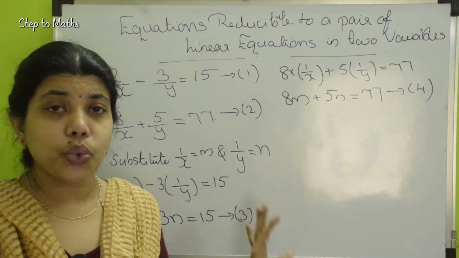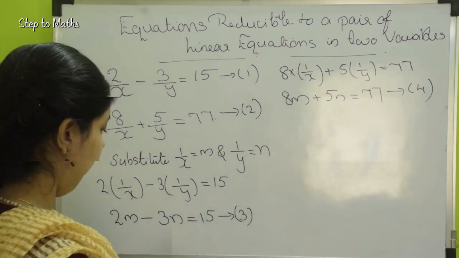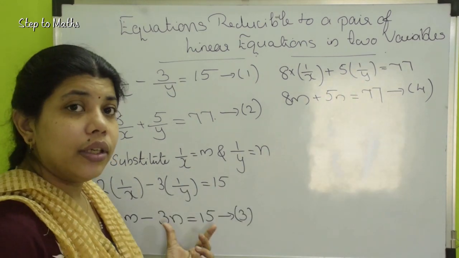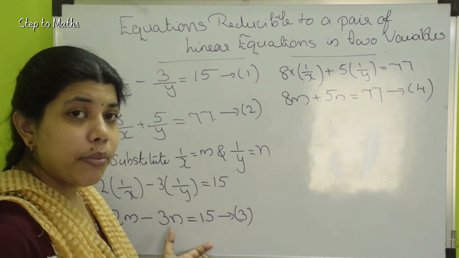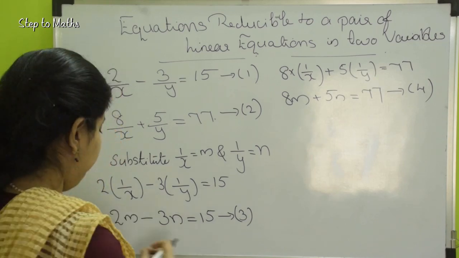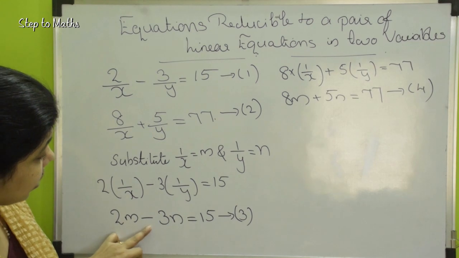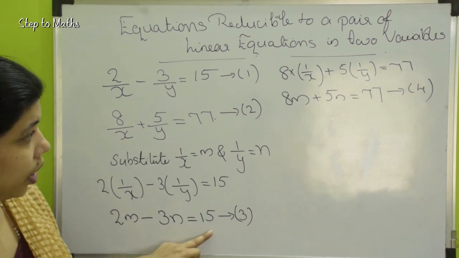Now we get the two equations in the form of ax plus by is equal to c. Now we can solve these two simultaneous equations using method 1 or method 2. Consider equation number 3, 2m minus 3n is equal to 15.